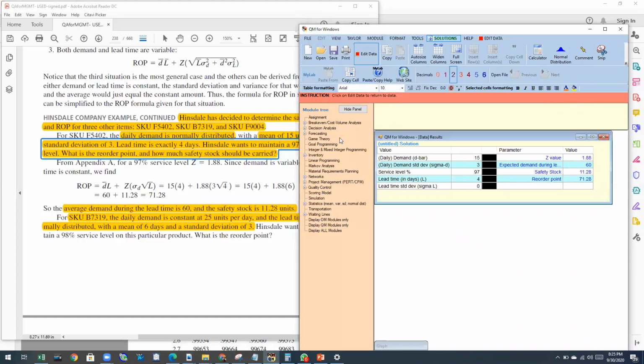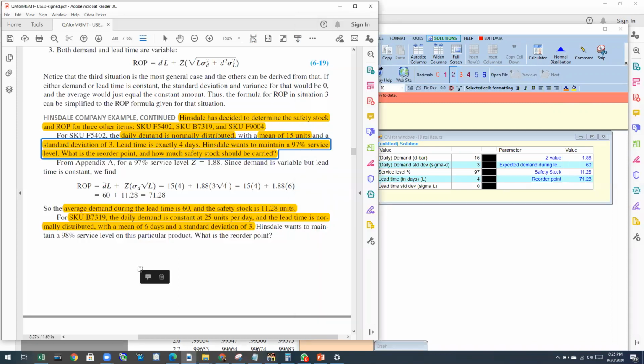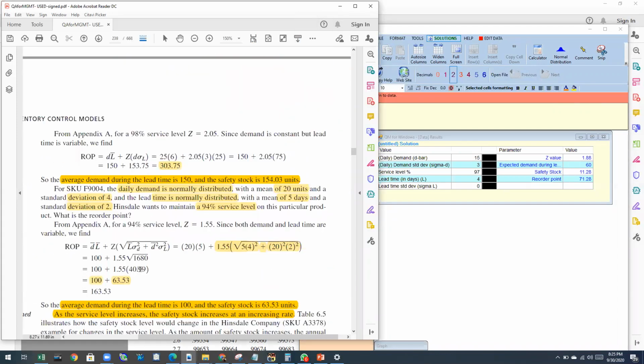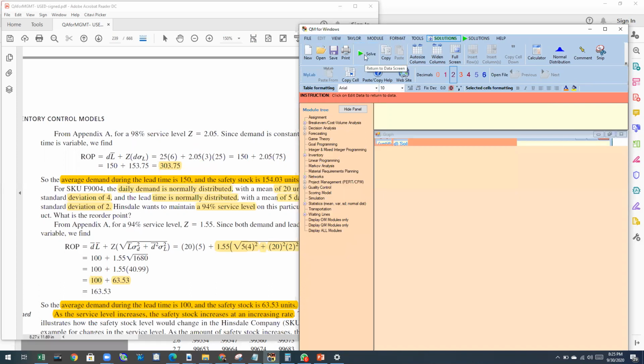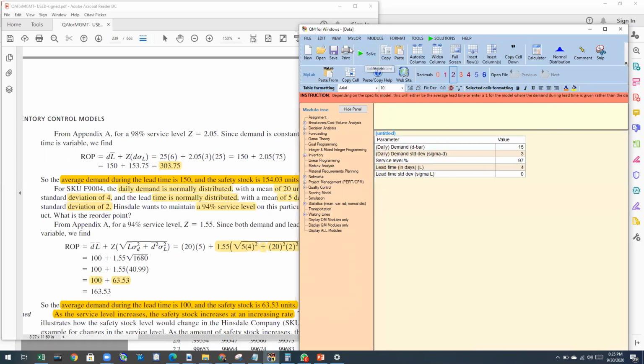Okay, the second situation is when daily demand is fixed, but lead time is variable. So we will simply edit our data.